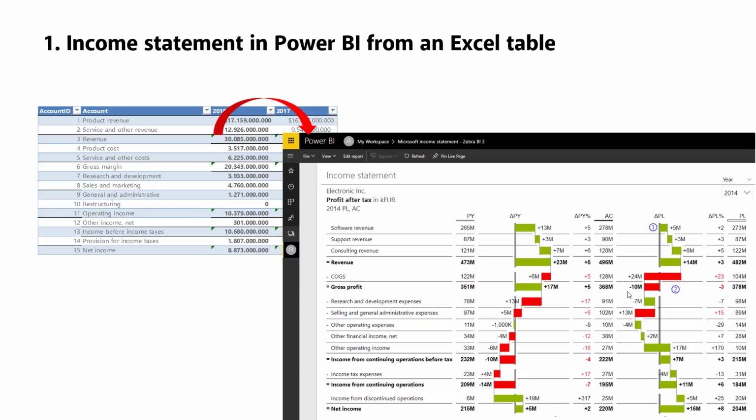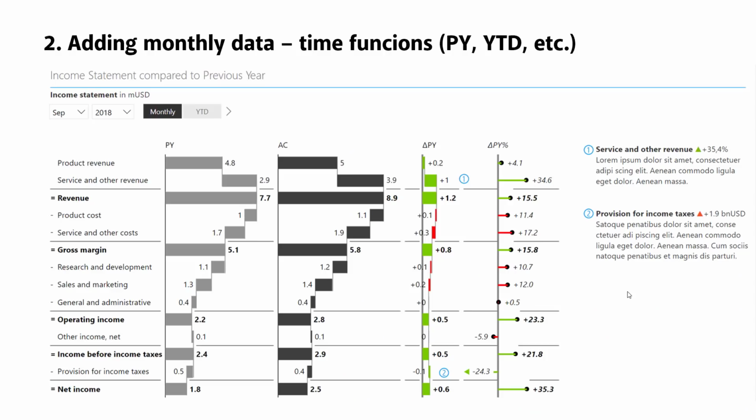So it's kind of a basic introduction to how to visualize this, how to connect it to Power BI. And then in the second part of the webinar, I do intend to get a little bit more into advanced details, and we will use a little bit of DAX, because now we'll move from a simple Excel table to an actual model of an income statement, which will have the time series.